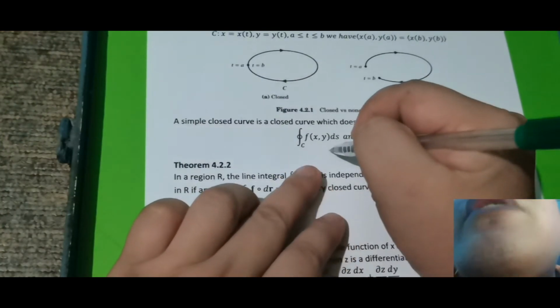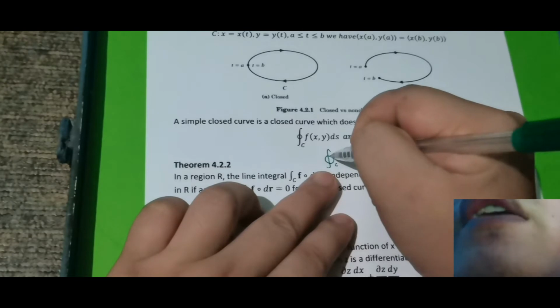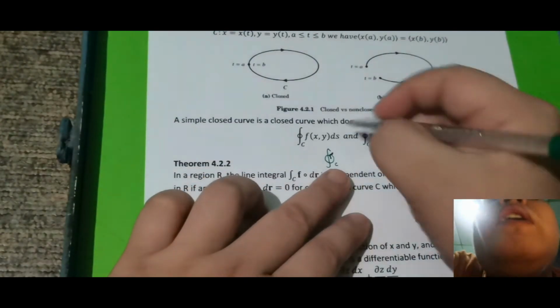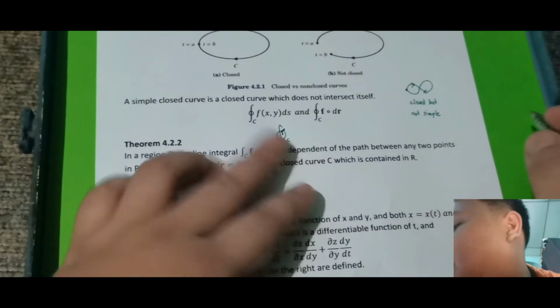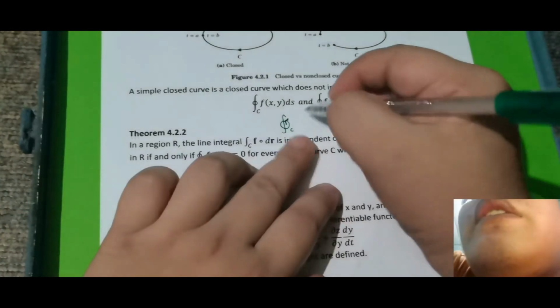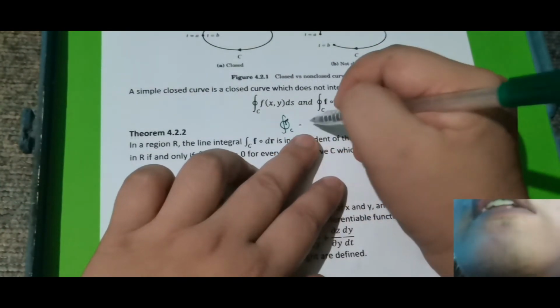Some books gumagamit din sila ng ibang symbol. May ibang book kasi ganito ginagamit. So minsan ginagamit nila ganitong symbol. So integral, lakihan ko lang. So nagkaroon ng ganyan, may arrow, parang may arrow. Ito ay parang closed integral. Tapos ito yung isa, closed integral. Line integral, sorry.